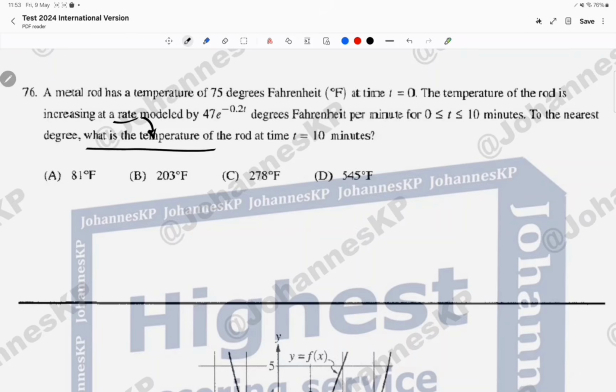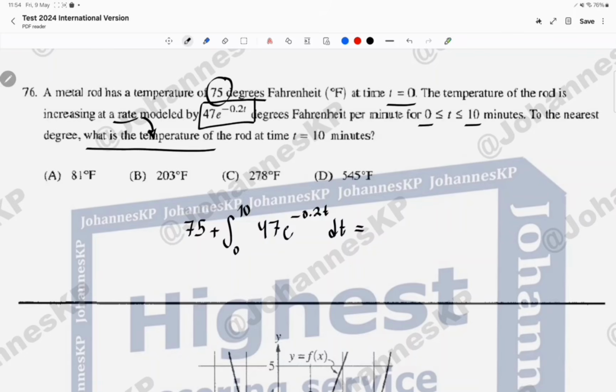You have to integrate. Okay? So we start with 75. That's the original temperature when the time is 0, plus the integral from 0 to 10. Integrate what? Integrate the rate. So 47e^(-0.2t) dt.